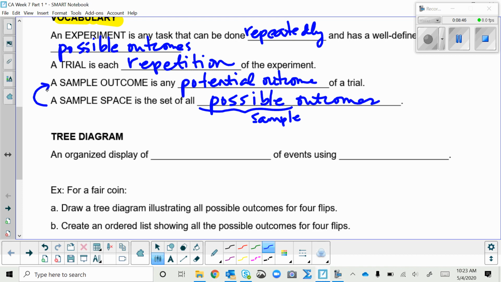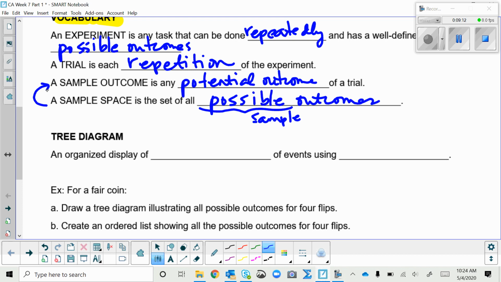So a tree diagram is a graphic of all the different outcomes that you could have based on your trials. So it's more than just saying, oh, I flipped a coin, I got heads or tails. It's saying I flipped a coin 5 times. What were all the different orders that I could get from that experiment?